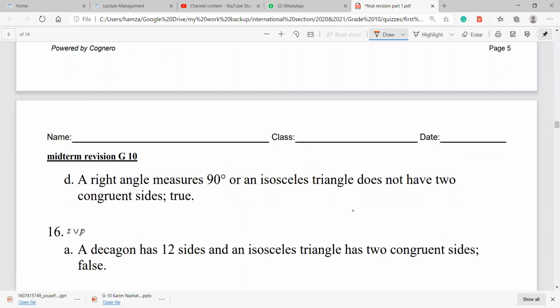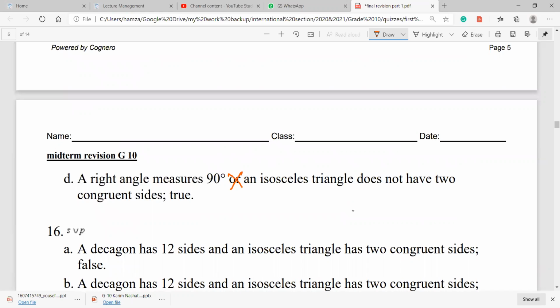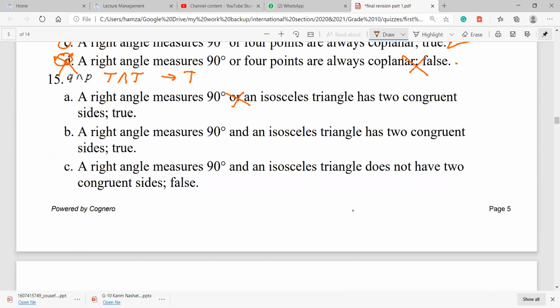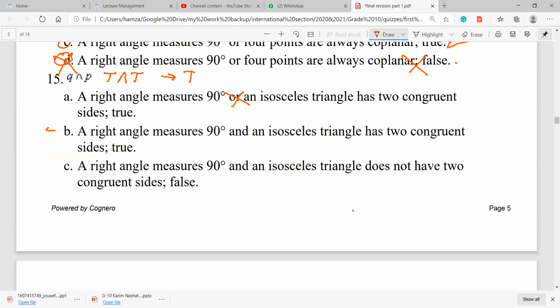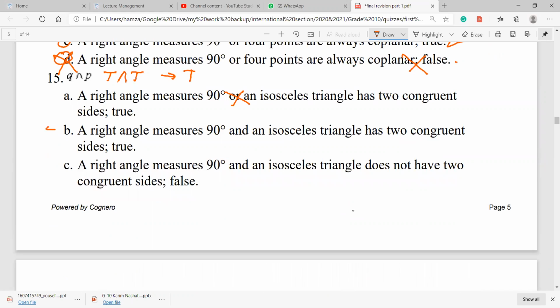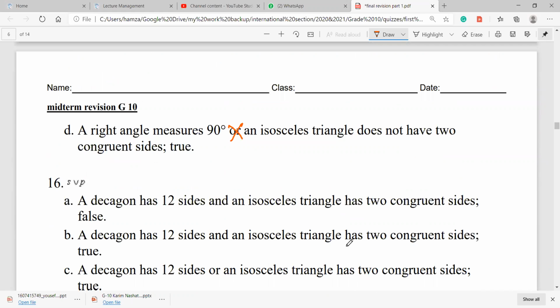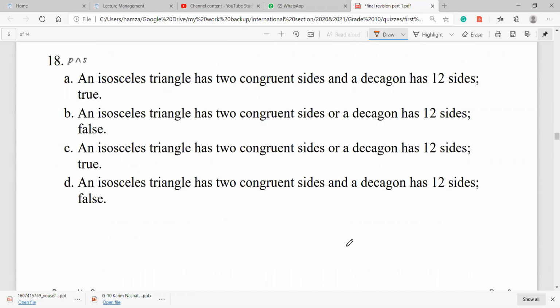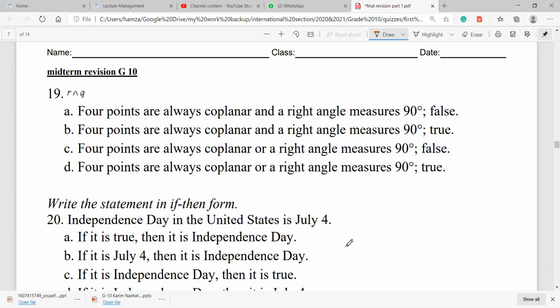And this statement will be eliminated because he used "or". So one of these is right, B or C. This is true, this is false. So this is my choice. Understand, guys? Yes. I leave the rest, guys, for you. All of this, I leave it for you. Try yourself.